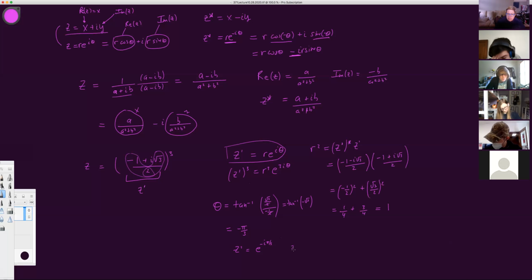And z prime cubed, which is what we're after, is r cubed, which is 1, times e to the 3 times minus I times pi over 3, which of course is just e to the minus I pi, right? And that is just 1, right?